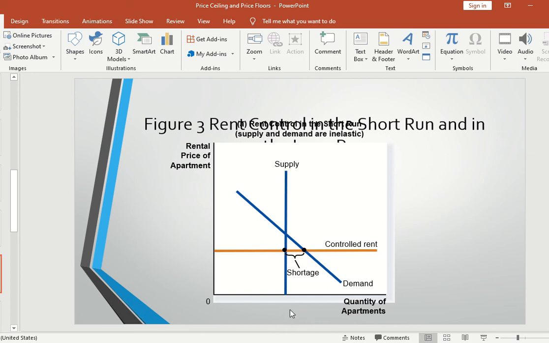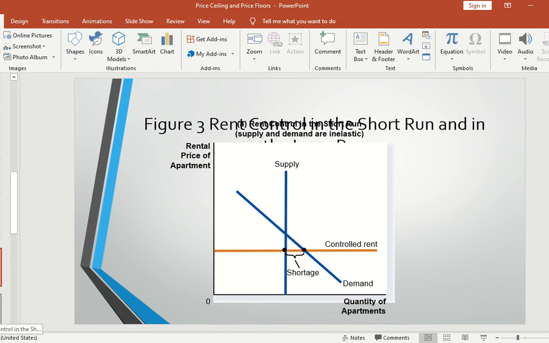So in this case, you can see that when a binding price ceiling, or binding rent control, is set below the equilibrium price, we have a shortage. The quantity demanded is greater than the quantity supplied. The size of the shortage is quite manageable in this case in the short run.